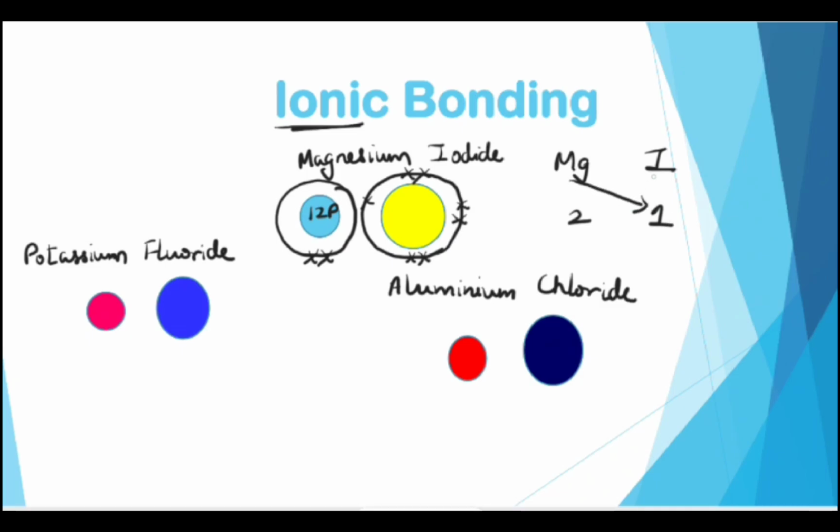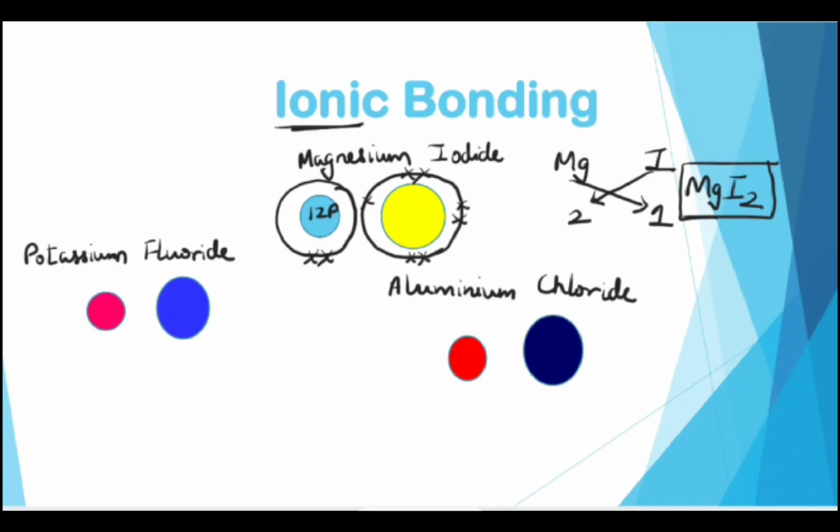Going by the crisscross method, magnesium will have 1, and iodide will have 2. So the chemical formula for magnesium iodide will be MgI2. This is understanding how valency works in getting the chemical formula of a compound.